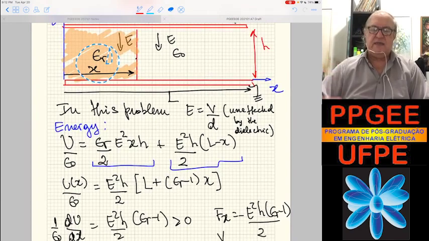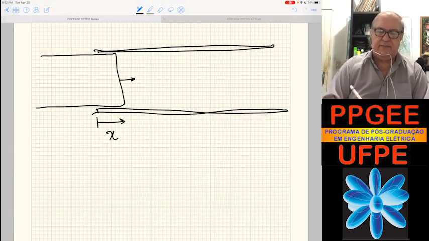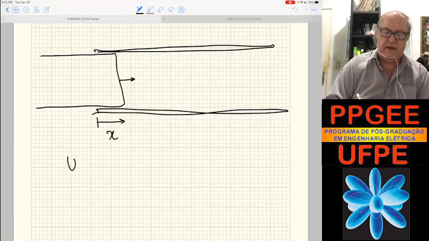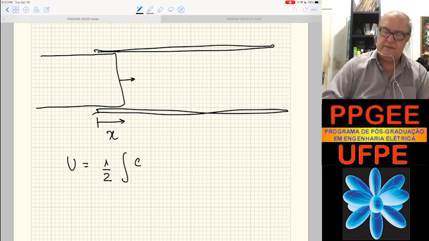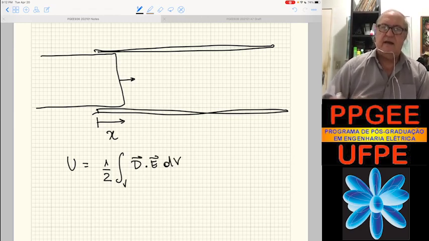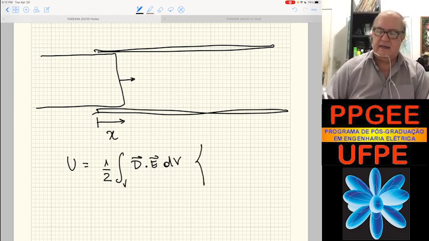So the energy can be calculated from the field point of view, just remembering the original formula for a linear system: 1/2 of the volume integral of D dot E dV, right? The energy density in the dielectric is 1/2 epsilon E squared.